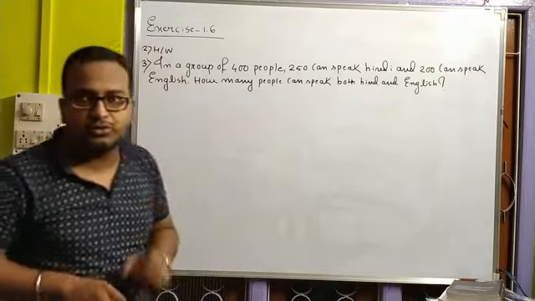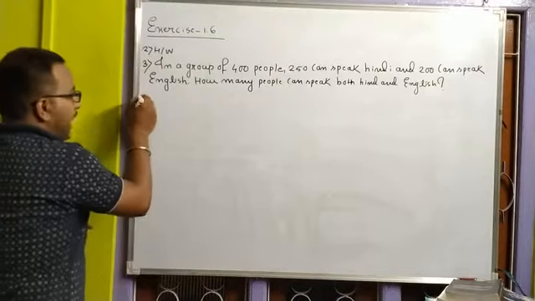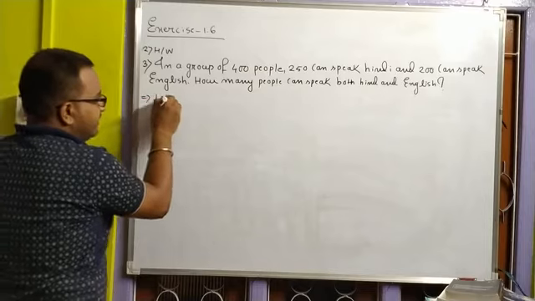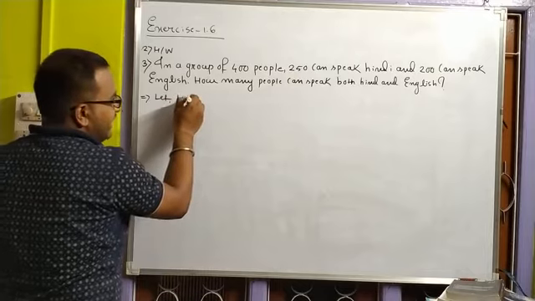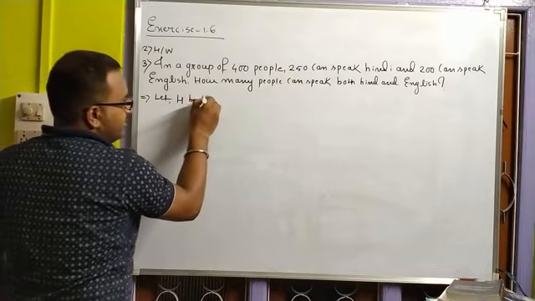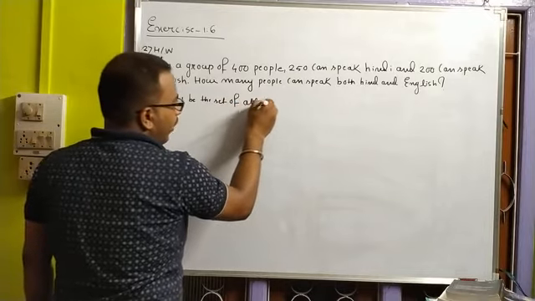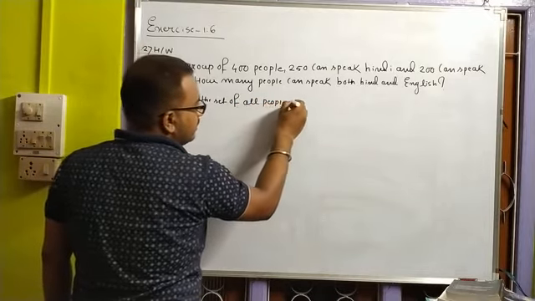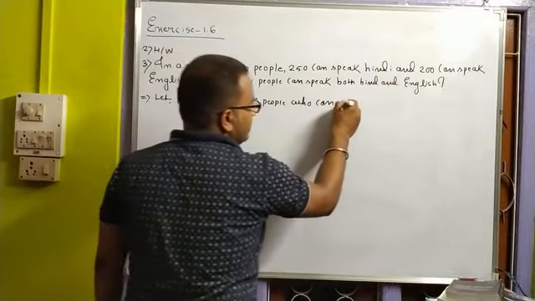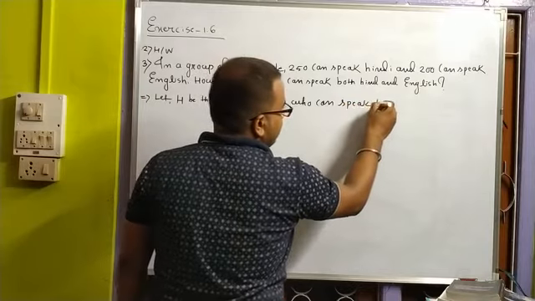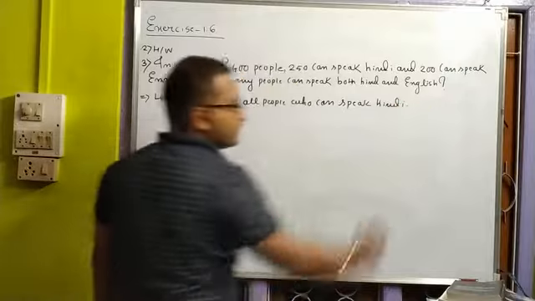So first of all you should define those sets. Okay. So how to define? You see, as it is Hindi, you can use capital H. Let H be the set of all people who can speak Hindi, right?